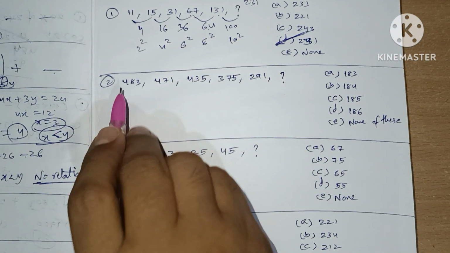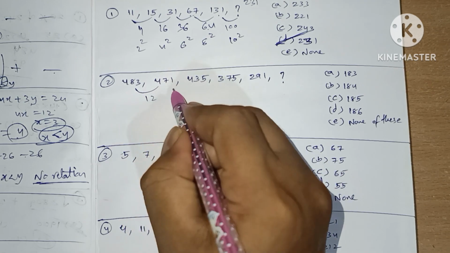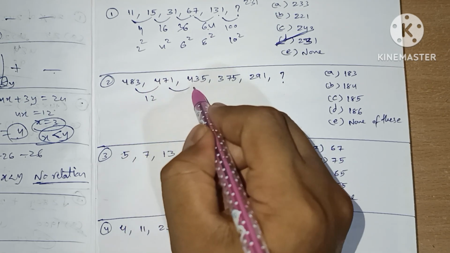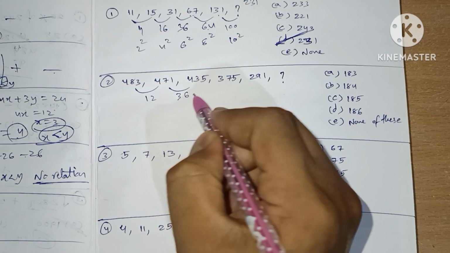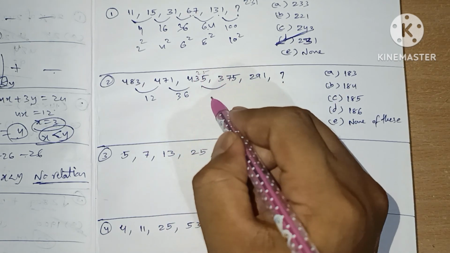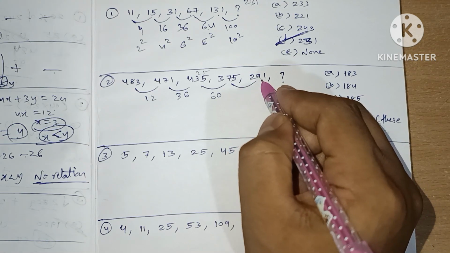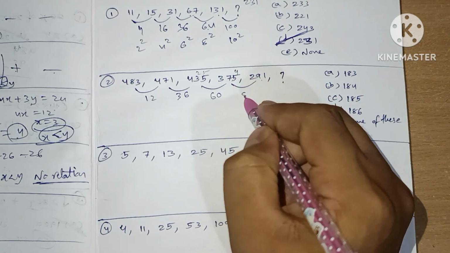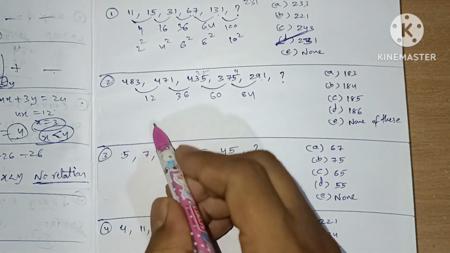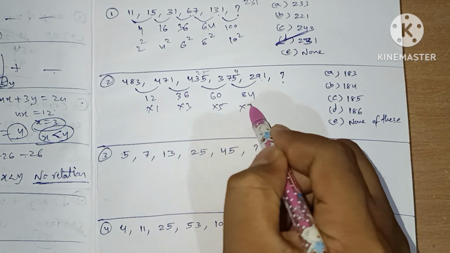Next question, here we see differences of 12. Here we see a difference of 36. Here we see a difference of 25 plus 35, which will be 60. Here we see a difference of 9 plus 75, which is 84. This is 12 1 time, 12 3 times, 12 5 times, 12 7 times.